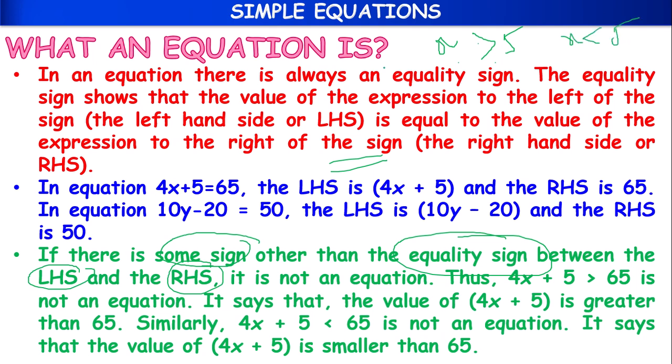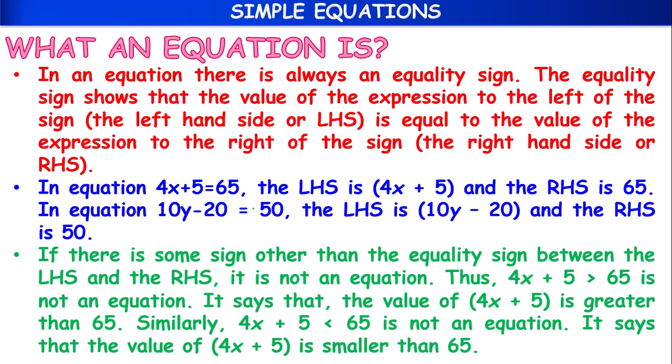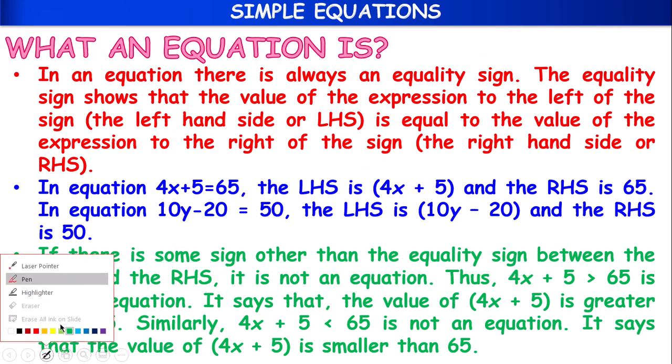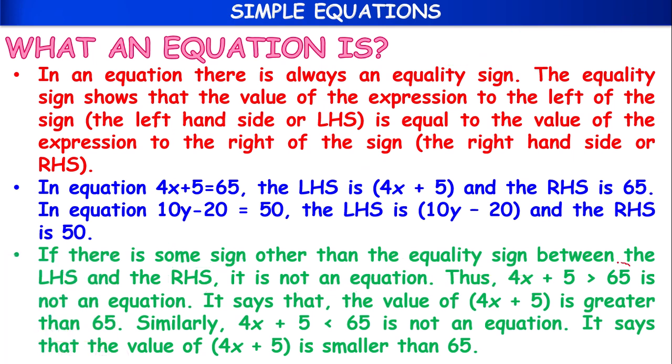Then this is not considered an equation. So if you consider the statement 4x plus 5 greater than 65, because there is no equality sign, and instead we have another sign, this is not an equation.